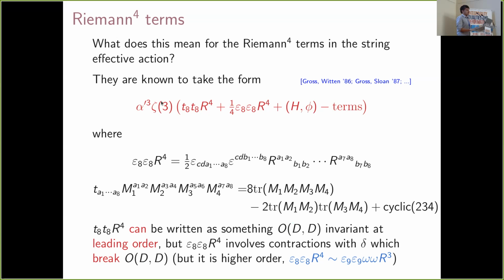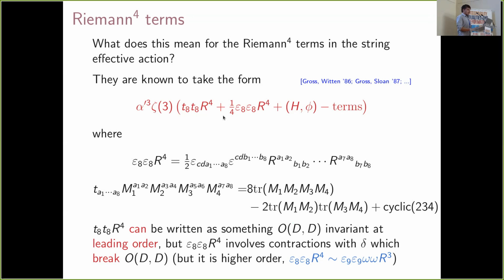As we said, they're proportional to zeta 3. But as Olaf mentioned also in his talk, there's this structure T8 T8 R to the 4th, and then there's another term, epsilon 8 R to the 4th. They appear in this combination. This was derived from scattering amplitudes in the 80s, starting with Gross and Witten, the first term. And then there was a bunch of other papers.